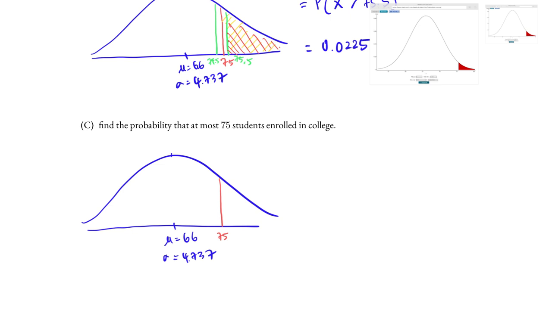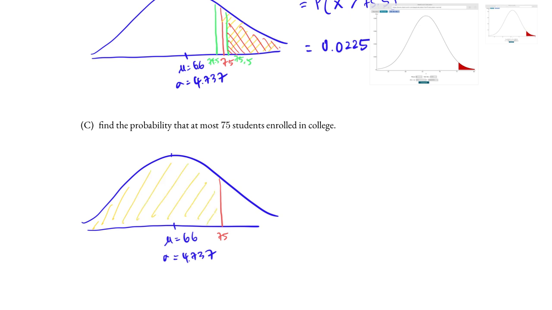This time, we want at most 75, meaning anything up to 75 and including 75. And so we're interested in the area on the left-hand side of 75.